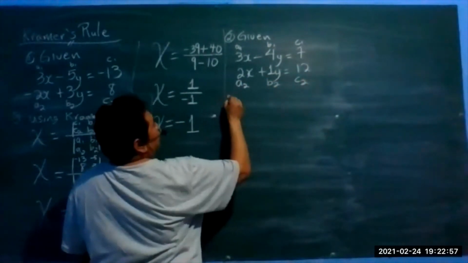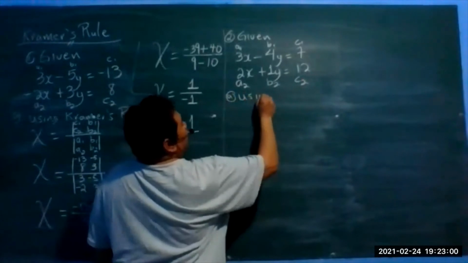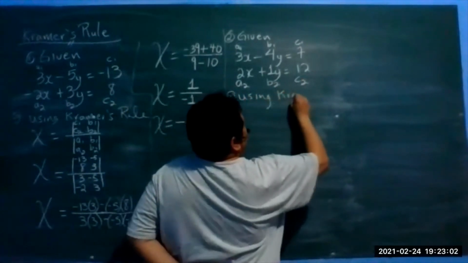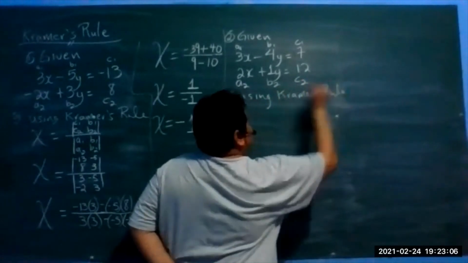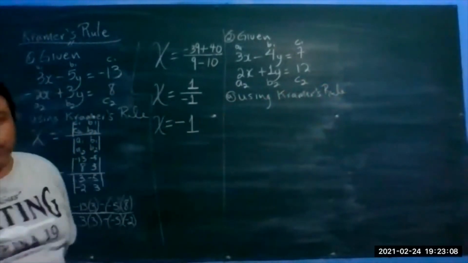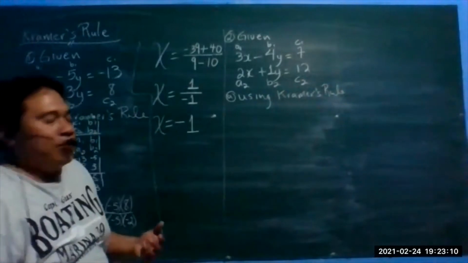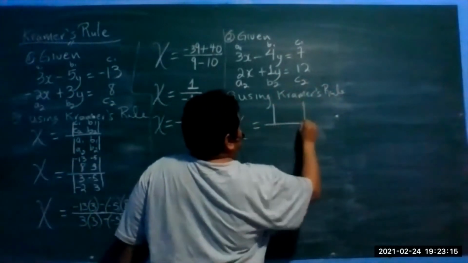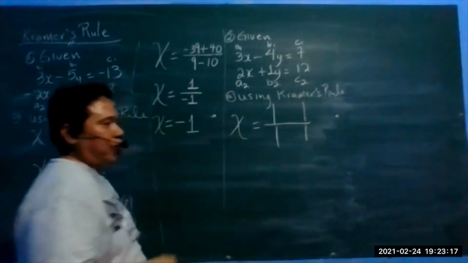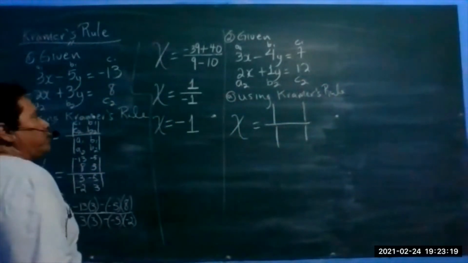Again, I'm going to start by saying using Cramer's rule. Alright? Again, for practice sake, I'm going to show you how I derive it once again. So you don't try to memorize, because memorization is not good when you're doing these.